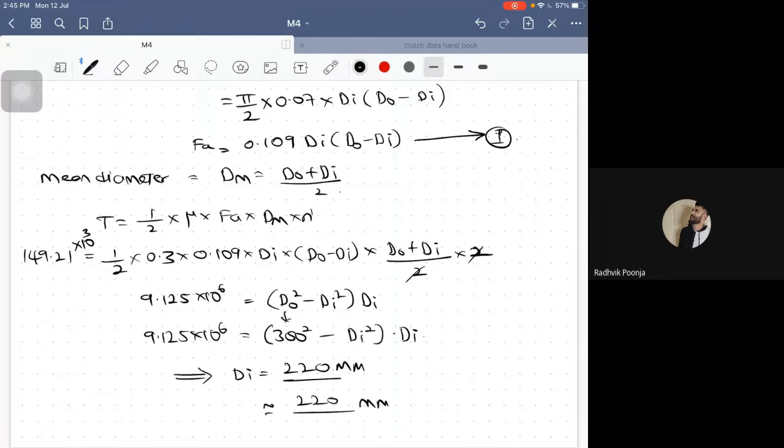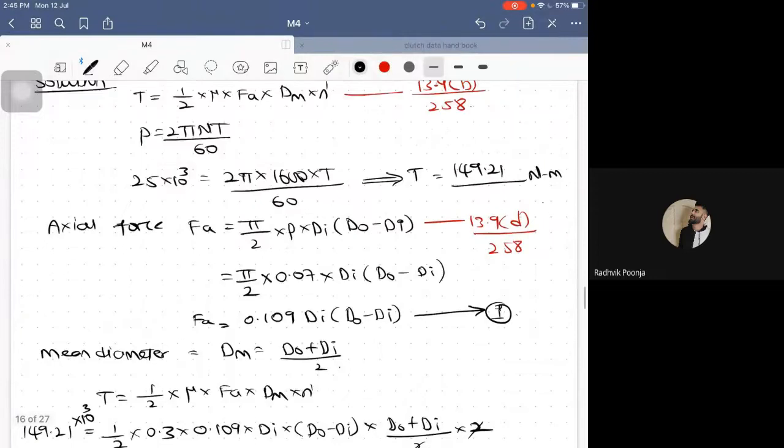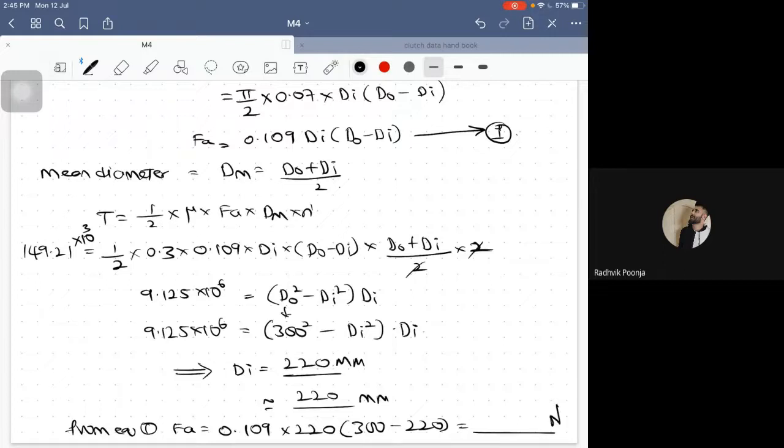Now, once you get that, use that FA equation number 1. From equation 1, FA equals 0.109 cross 220 cross 300 minus 220. From this, what is the value of FA in newtons?